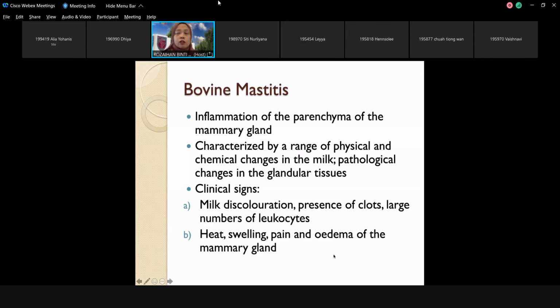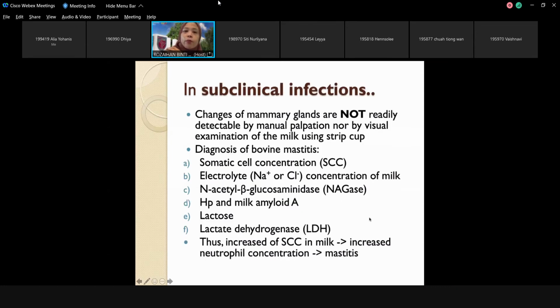So have you heard of somatic cell counts before? Somatic cell count is actually a type of leukocytes. However, okay, those that I've mentioned before are called clinical mastitis, those with very prominent clinical signs. But mastitis can also happen subclinically, whereby there would not be any changes of the mammary gland, there would not be any changes in the milk, there would not be any changes in the animal itself.